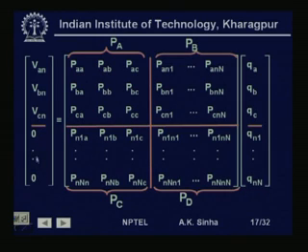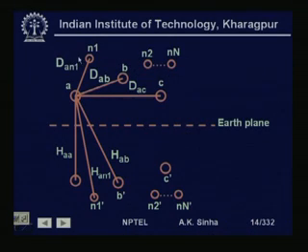These are zeros, is equal to a matrix of P's into Q a, the charge on conductor A, Q b, the charge on conductor B, Q c, the charge on conductor C, Q n 1 up to Q n n, the charge on neutral conductors or the ground conductors, which are placed above the phase conductors. That is, we are talking about the charges on these conductors n 1, n 2 up to n n.